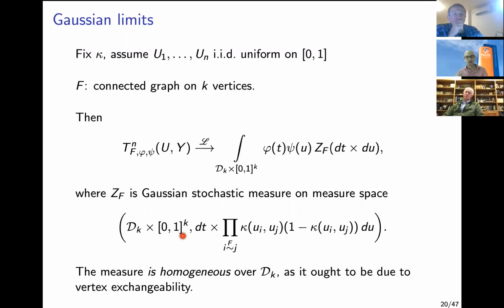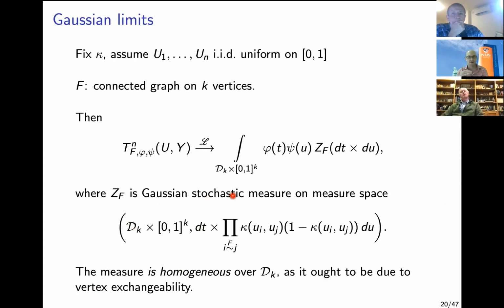What's interesting to point out is that this white noise measure is homogeneous in this dk. If you look at the infinitesimal variance of the white noise at T, U, you can see that it is homogeneous in T. That's what it ought to be because of vertex exchangeability. These things are vertex exchangeable, and so we expect it to be homogeneous.